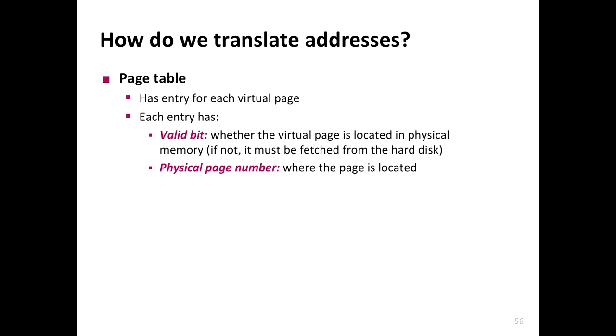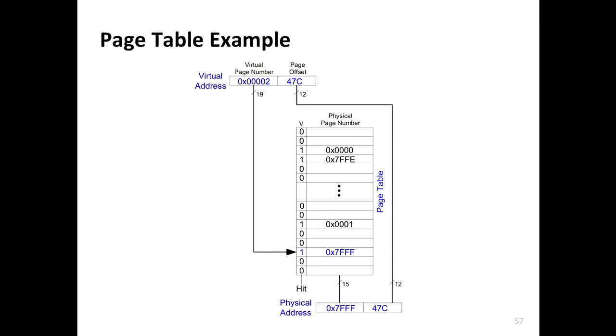One thing that I would like to spend a little bit of time on is the translation, but again, it's very similar to how the caches work. You have a page table, which is fundamentally a lookup table between the virtual address space and the physical address space. You have the valid bit and the physical page number. If you look at this page table example, this is the physical address, that's the main memory address, and then you have the virtual address, where the higher order bits indicate the page number.